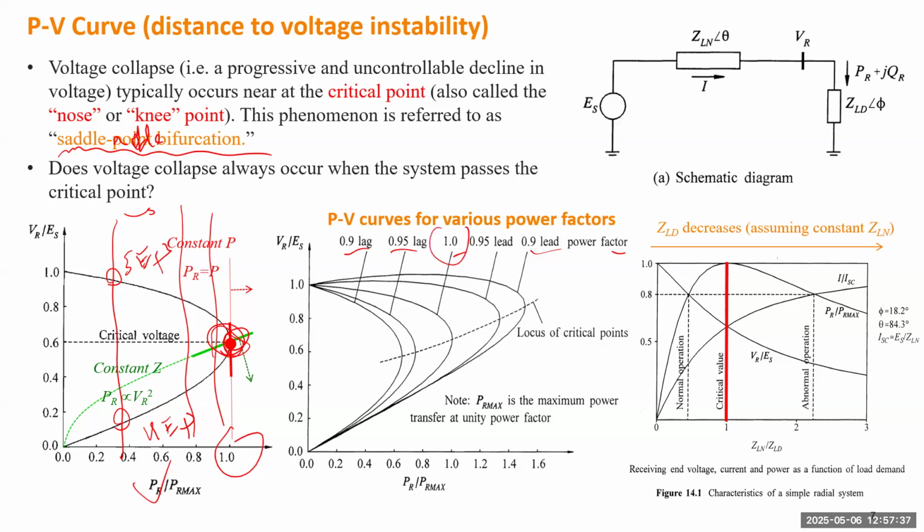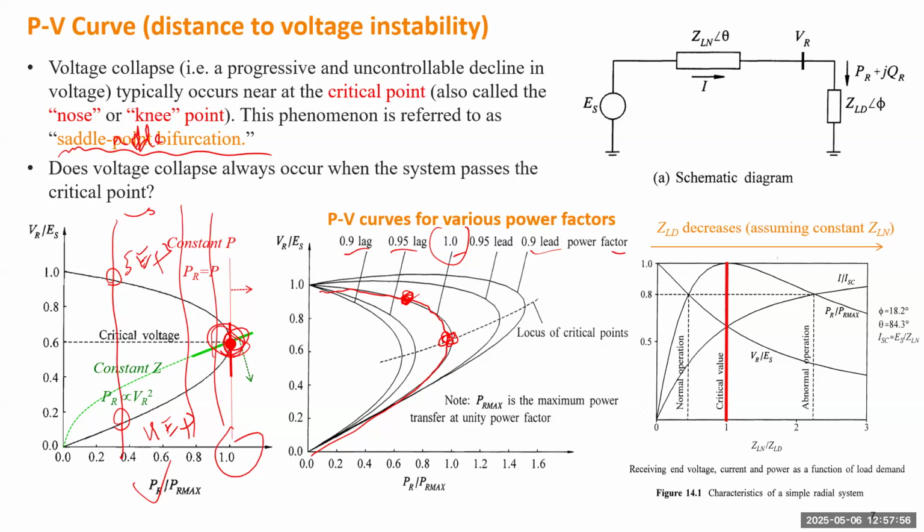For instance, if the power factor is 1, it will follow this PV curve, and this will be the stability limit. You need to make sure to operate before that point is reached. So the PV curve is very useful to estimate how far you're away from the critical point.